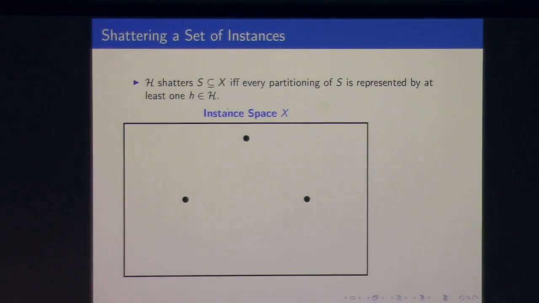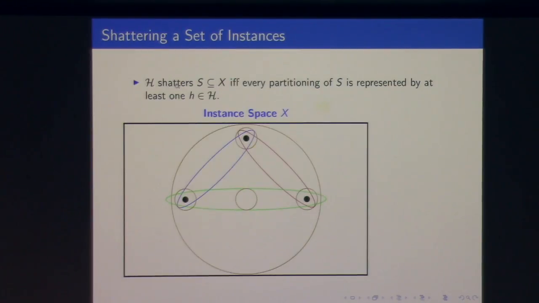When I say represent, it essentially has the same effect as the partitioning. When I say partitioning, it means coloring. If you can come up with a hypothesis in the hypothesis space that has the same effect as that coloring, and that is true for every possible coloring, then we say that H shatters S.